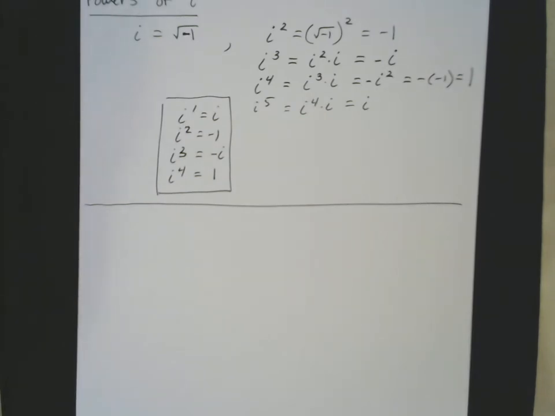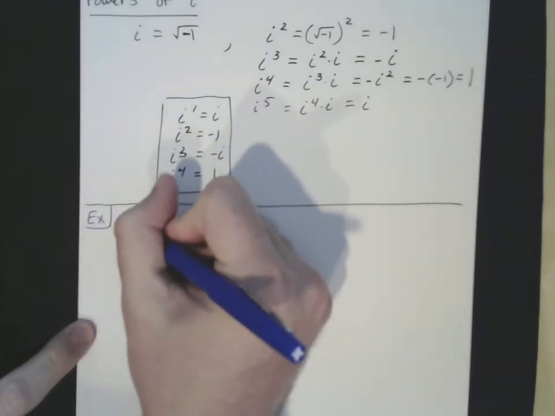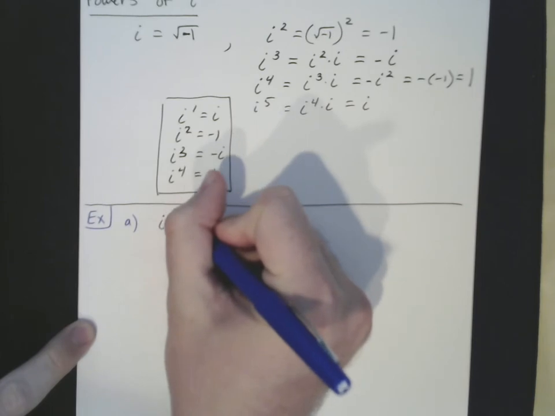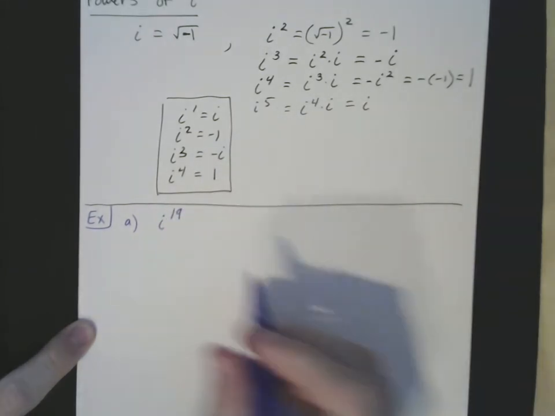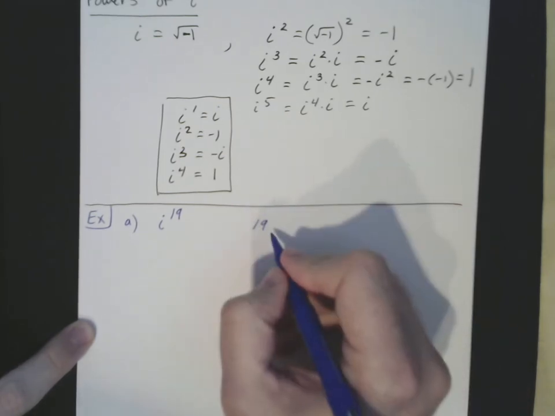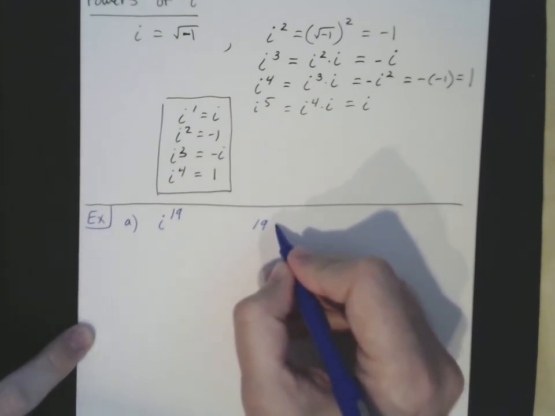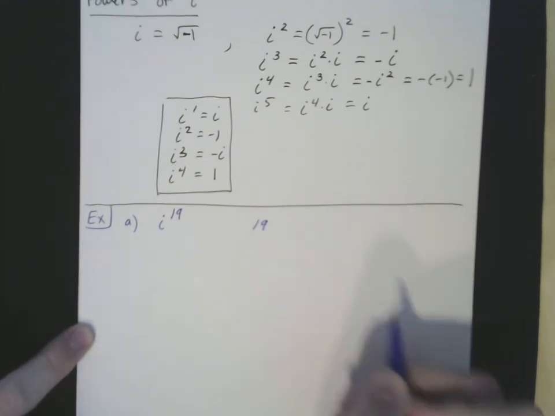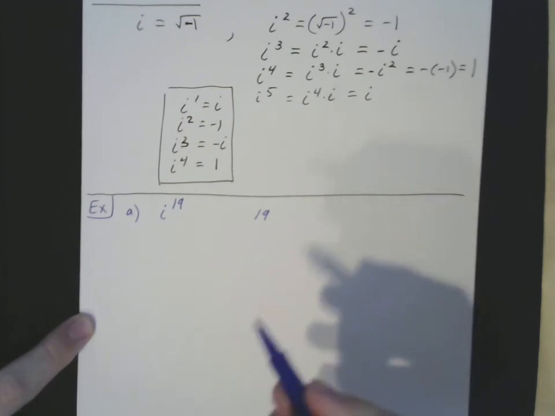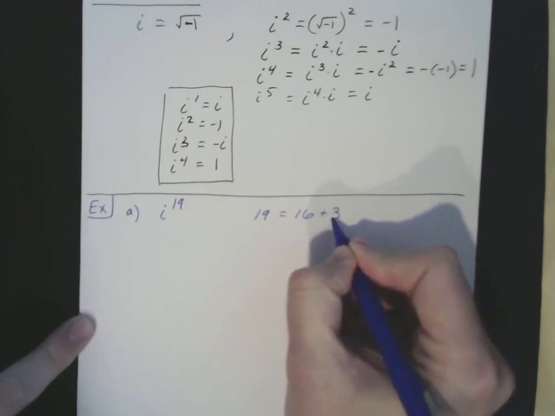And we have some tricks to do this fast. So for instance, something like i to the 19th. You can divide 19 by 4 if you want, but what I look at is, what's the multiple of 4 that's less than this? So we know multiples of 4: 4, 8, 12, 16. So this is 16 plus 3.